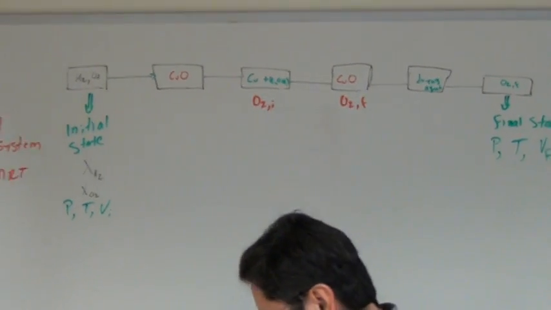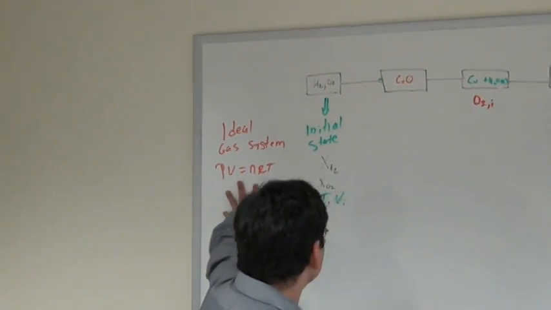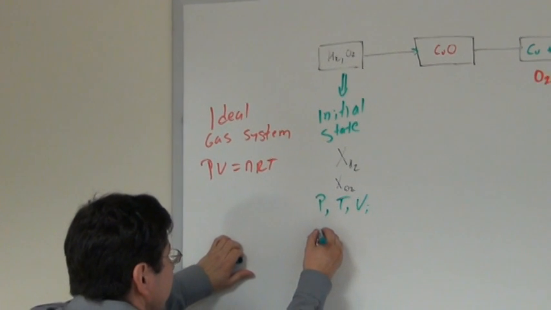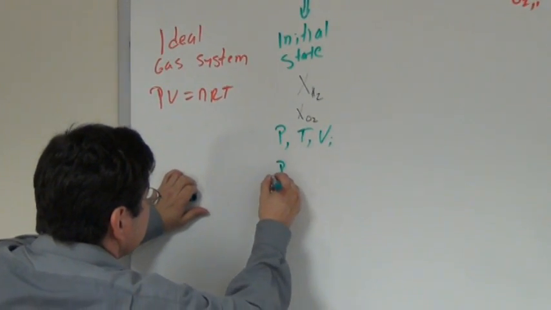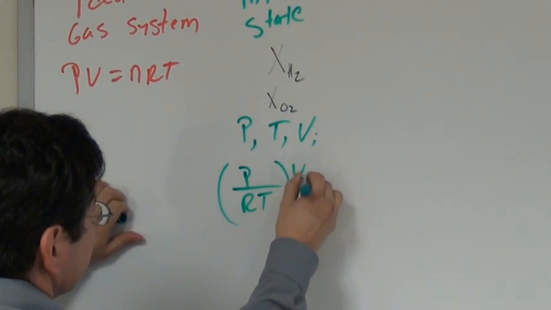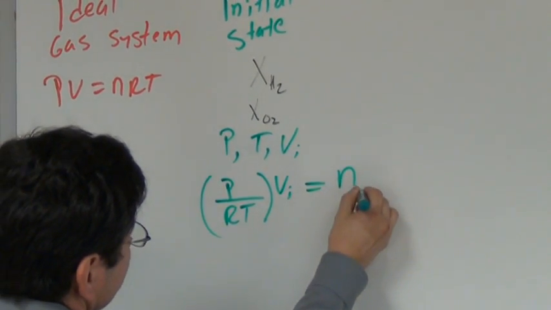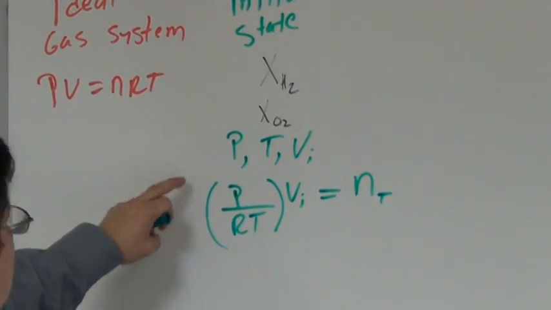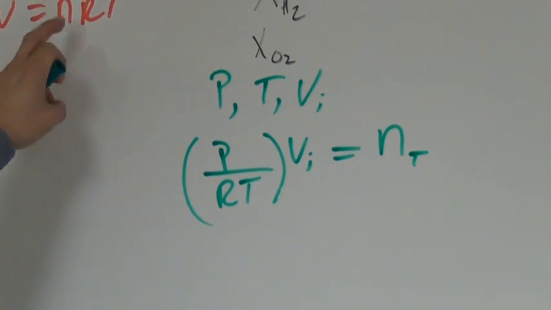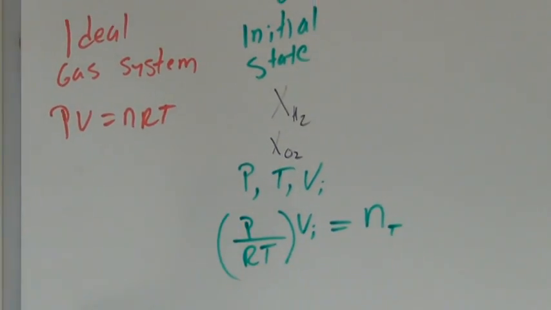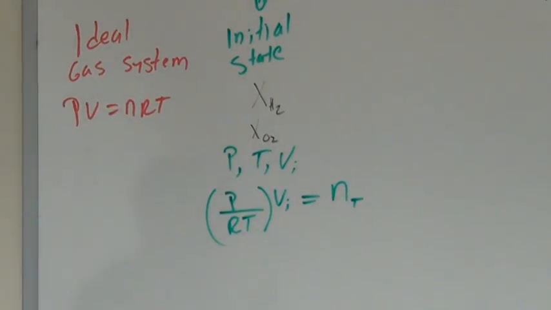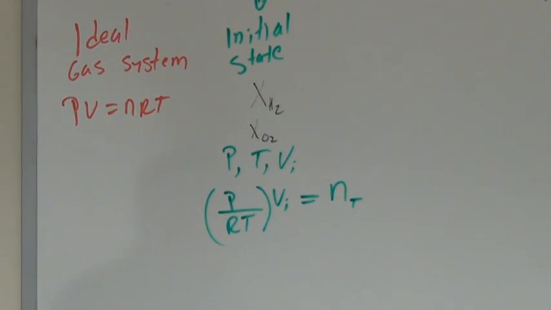So what can we do? Using this ideal gas law, we find that this relationship holds. P over RT times V_I is going to be n, and I will call it n total, meaning the total number of moles of hydrogen and oxygen present in the initial mixture.